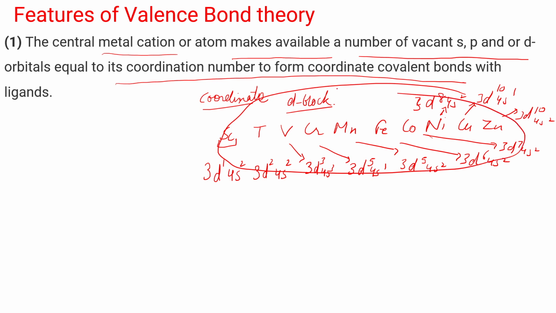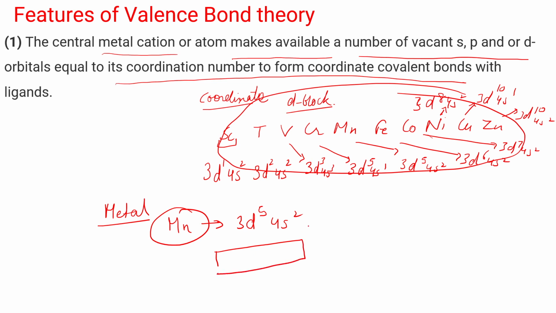So what happens when a metal has, let's suppose I am taking manganese. Manganese outer configuration is 3d5 4s2, and 4p is 0.